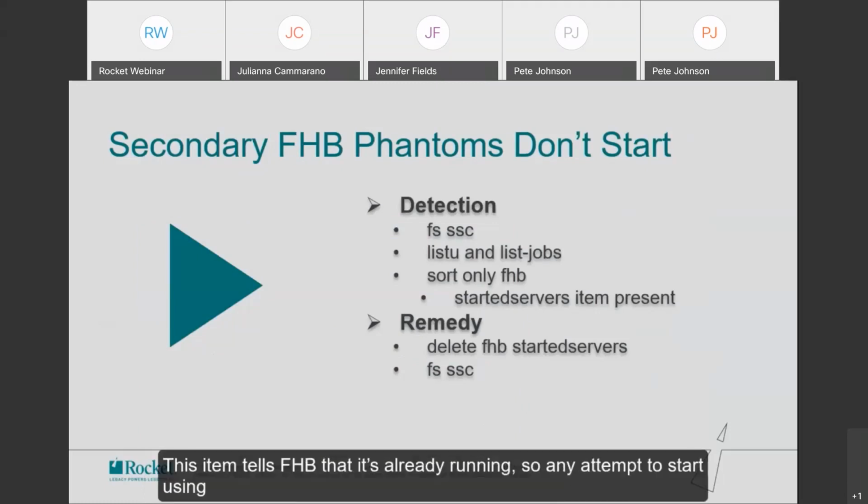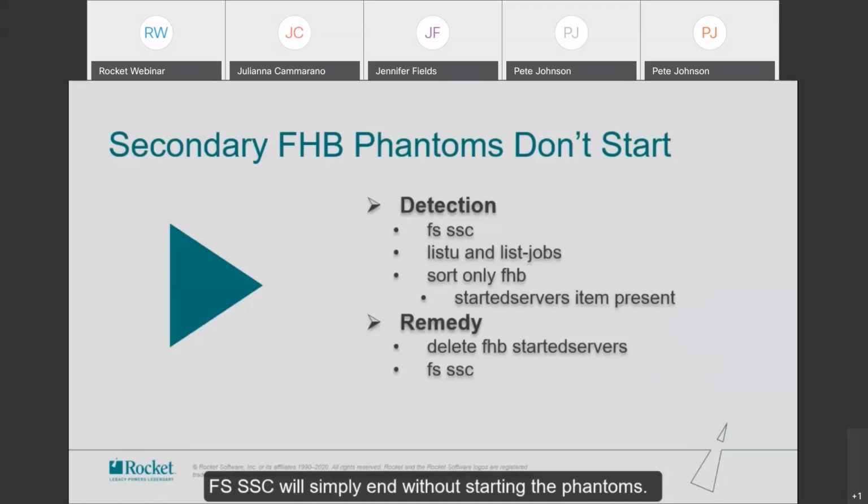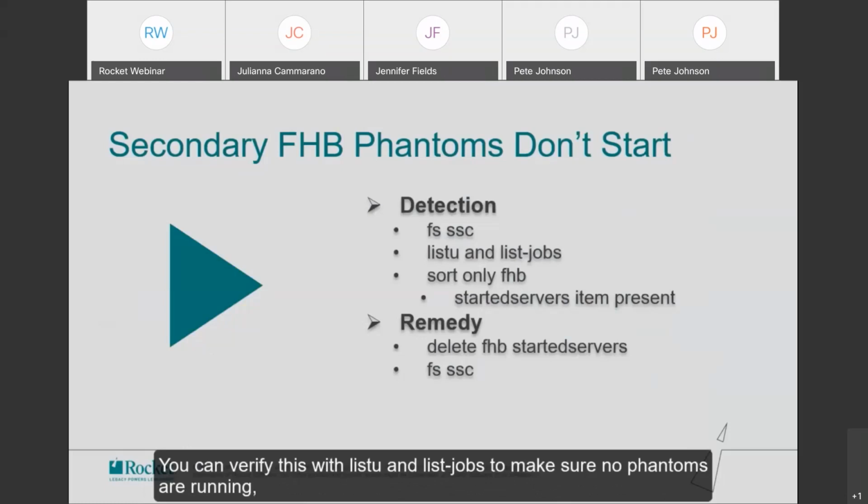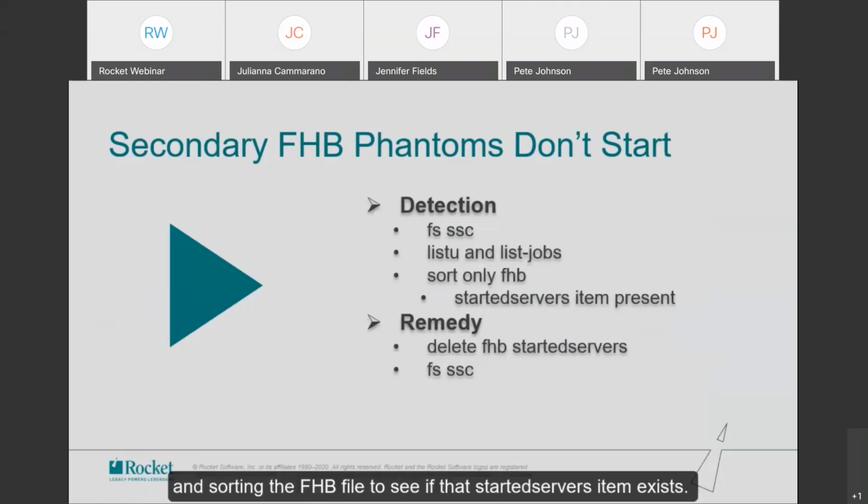This item tells FHB that it's already running, so any attempt to start using SSC will simply end without starting the phantoms. You can verify this with ListU and ListJobs to make sure no phantoms are running, and sorting the FHB file to see if that started servers item exists.